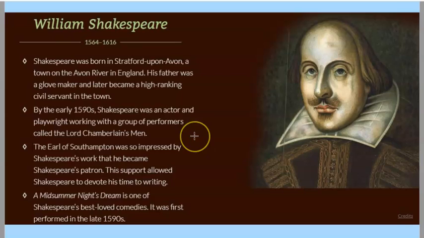By the early 1590s, Shakespeare was an actor and playwright working with a group of performers called the Lord Chamberlain's Men. The Earl of Southampton was so impressed by Shakespeare's work that he became Shakespeare's patron. This support allowed Shakespeare to devote his time to writing. And A Midsummer Night's Dream is one of Shakespeare's best-loved comedies. It was first performed in the late 1590s.